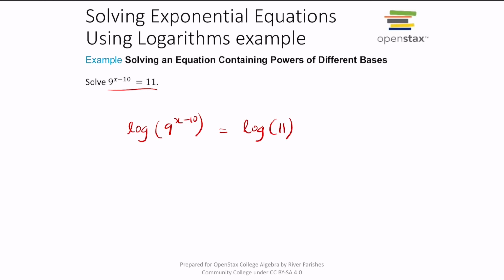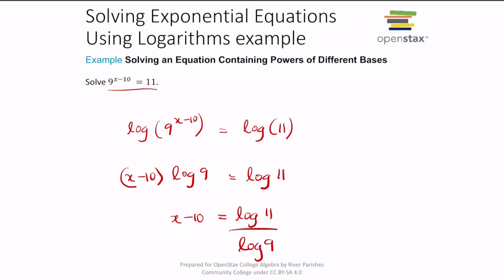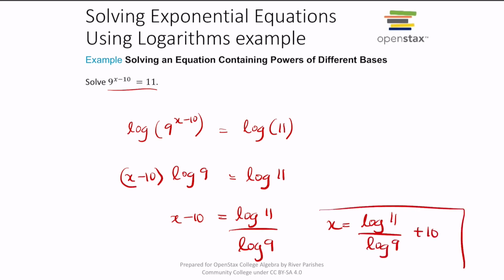The power comes to the front, so (x minus 10) times log 9 equals log 11. So x minus 10 equals log 11 by log 9, and x becomes log 11 by log 9 plus 10. This is the value of x.